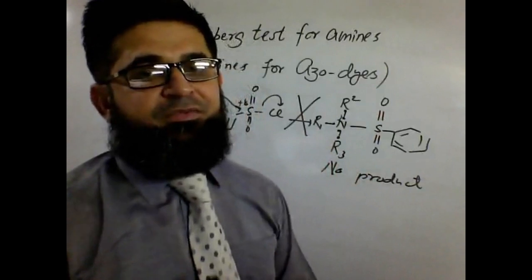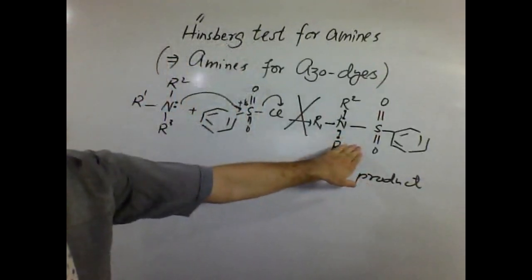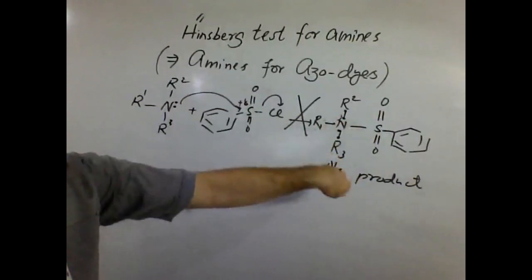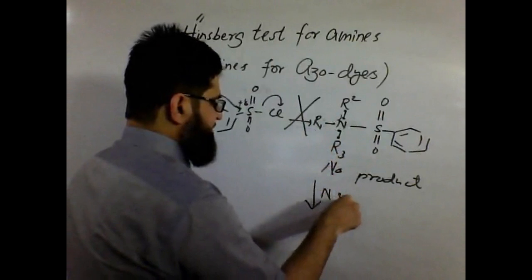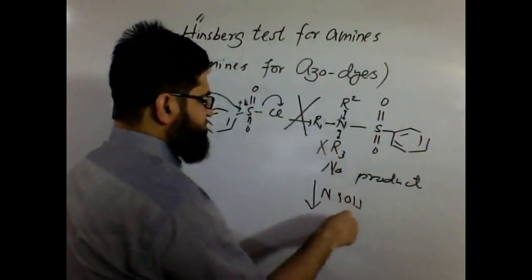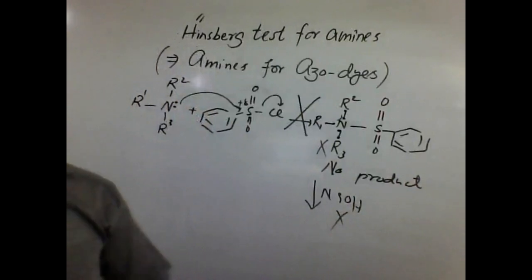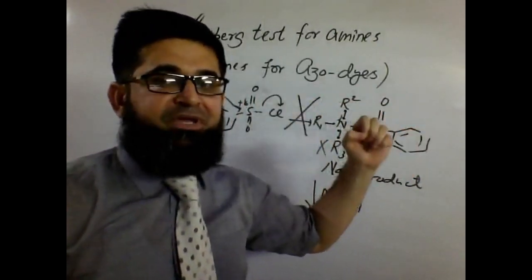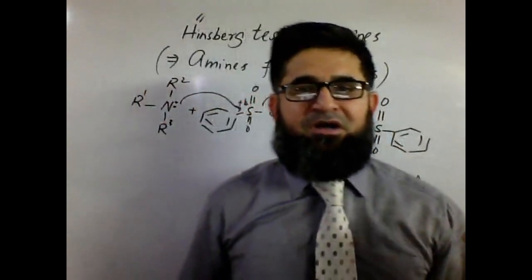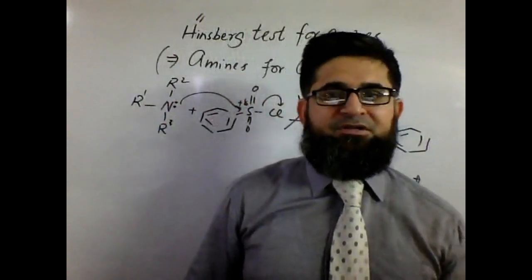So it will be clear that as this product hasn't appeared in the test tube, which has to be solubilized in sodium hydroxide in the next step, as it hasn't been formed, you don't need to put in sodium hydroxide. So if it hasn't been formed, it means the given compound is a tertiary amine. It's not a secondary amine, it's not a primary amine.